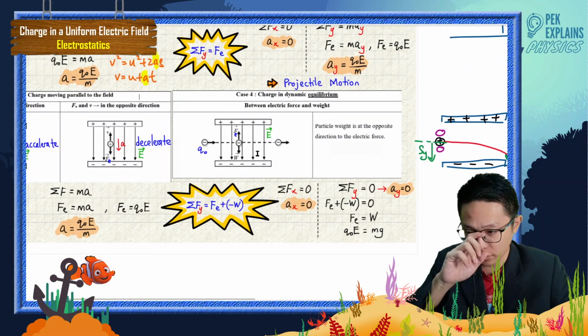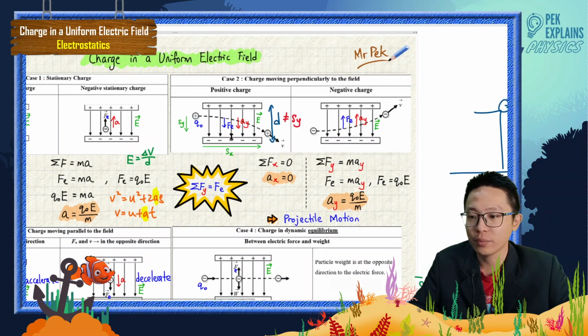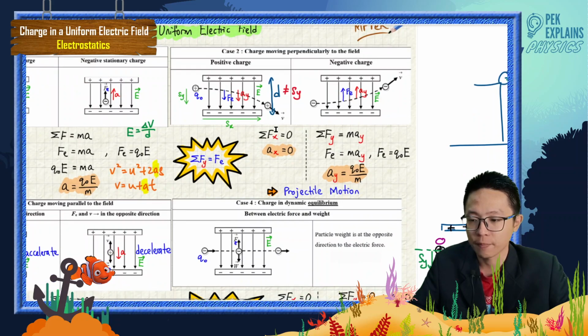But now you have two forces in opposite directions. This test charge will go undeflected if the electrostatic force is equal to the weight. Last time we didn't consider the weight, so you will have projectile motion, because there is only one force.